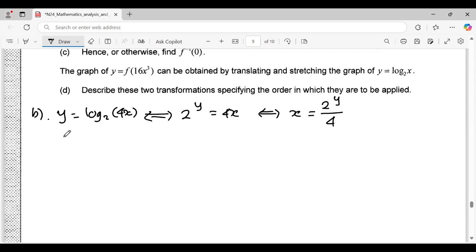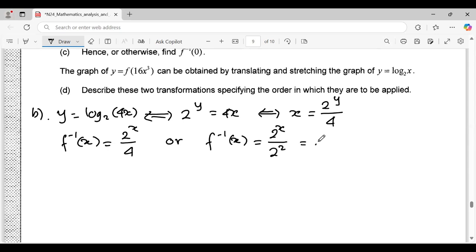So inverse fx equals 2 to the power x over 4. Or we can write it in a different form: 2 to the power x over 2 squared, or 2 to the power x minus 2, like this. Okay.